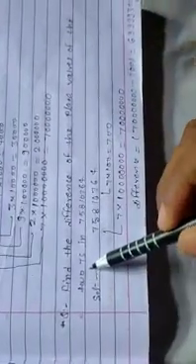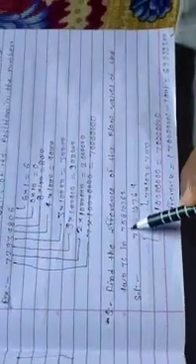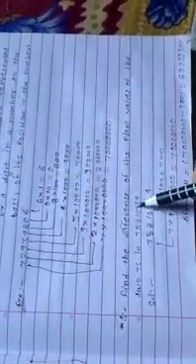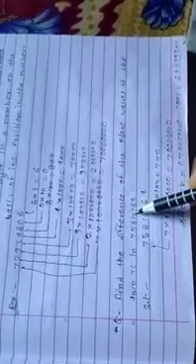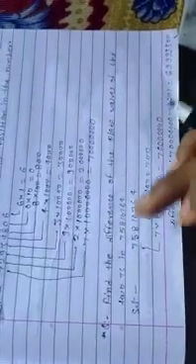Now we have a question: find the difference of the place values of the 2 sevens in 7581076. Means in this number we have two 7s. One is at the 100's place and another is at the crore place. So we have to find the difference of the place values of both the sevens.